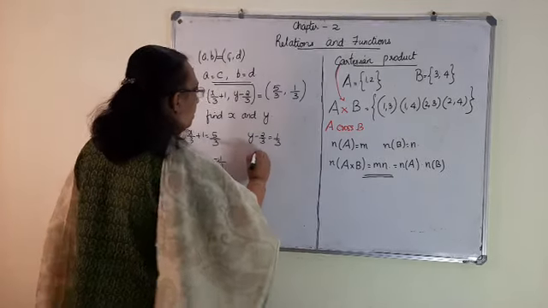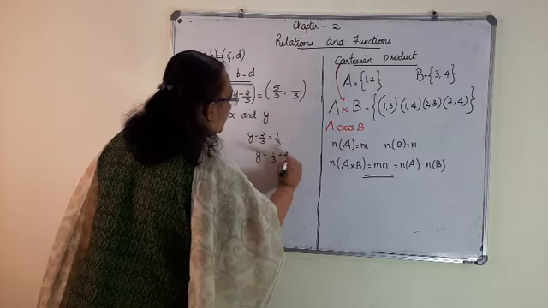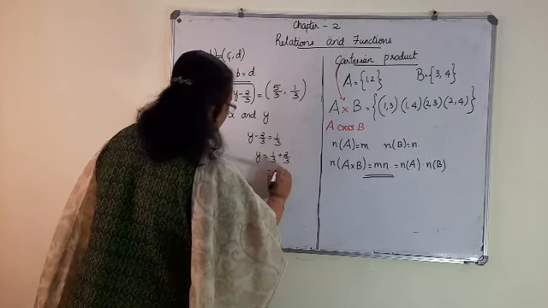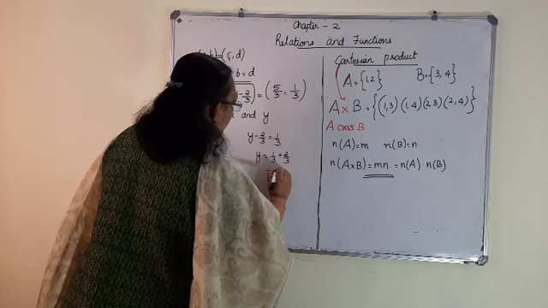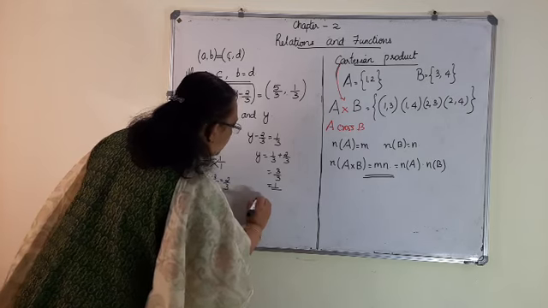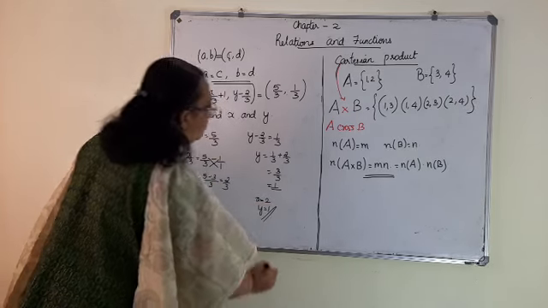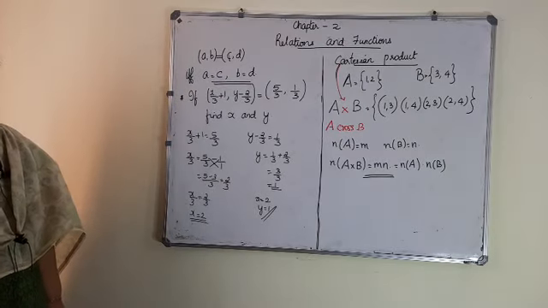Here, y is equal to 1/3 + 2/3, which is 3/3, which is equal to 1. So, the value of x is equal to 2 and y is equal to 1.